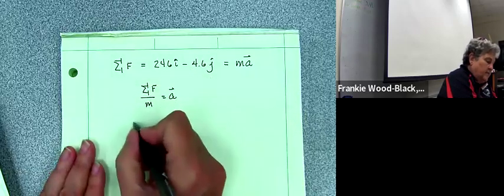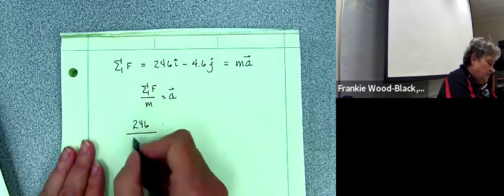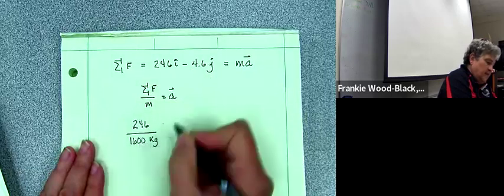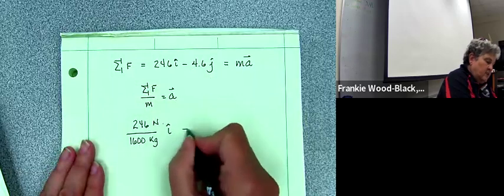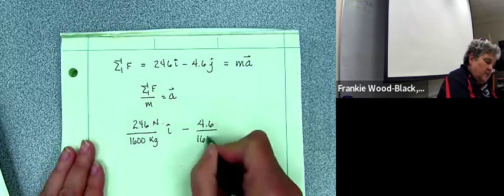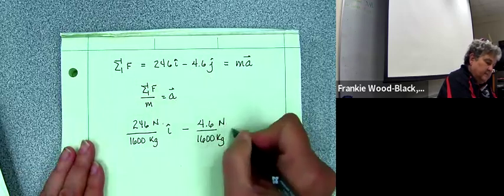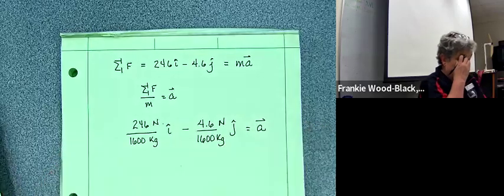So I can have 246 divided by my 1,600 kilograms, in newtons, in the I direction, and then I just divide in the J direction, and that's going to equal my acceleration vector.